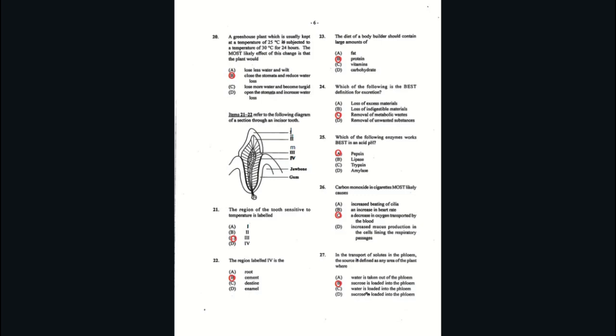But basically, the source is a part of the plant where the sugars are loaded into the phloem, and the source is usually the leaf, and the sink is usually the root, right? So it's loaded into the phloem, and then obviously with some help from the xylem and some water and stuff, we get the sucrose moving and we get it transported within the plant, right?